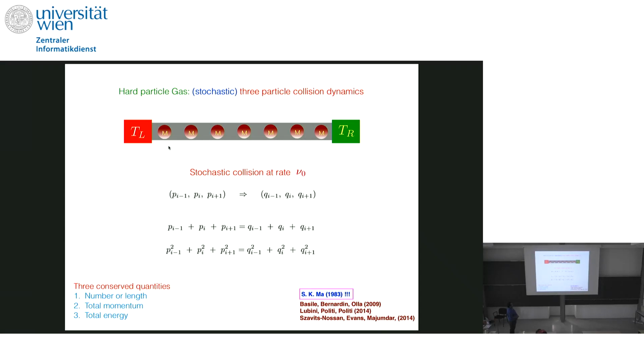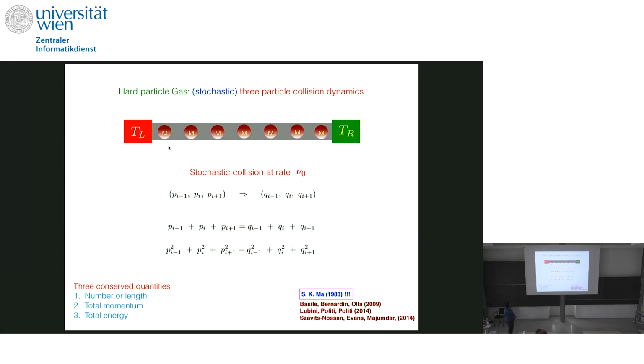This collision occurs stochastically at some rate nu naught, and in between collisions the particles move ballistically. That's the model. We also define appropriately the interaction collisions with the reservoirs. I'm not going into the details.